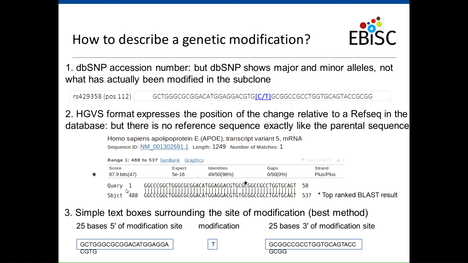The first issue we also encountered is how to describe genetic modifications. This is a very interesting cell line, usually with genetic modifications or gene-edited lines. So how to enter these data? There's one format, which is the HGVS format, which is kind of a standard.